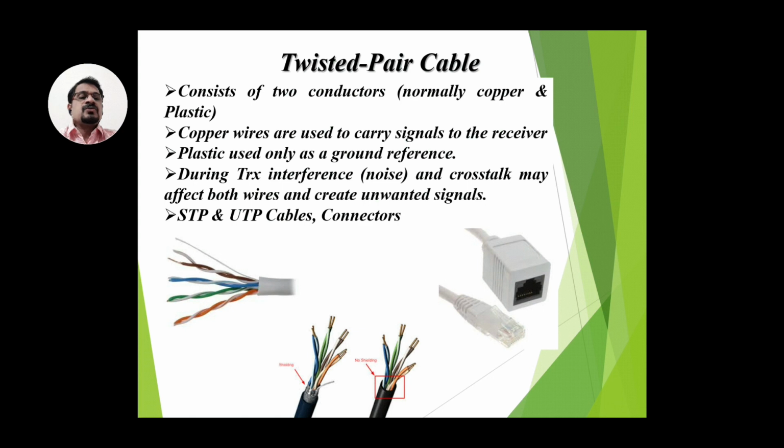If you see the picture below, the first one is a general example of one twisted pair cable. Inside that plastic shield there may be multiple twisted pair cables. In the bottom diagram, the first one is shielded.